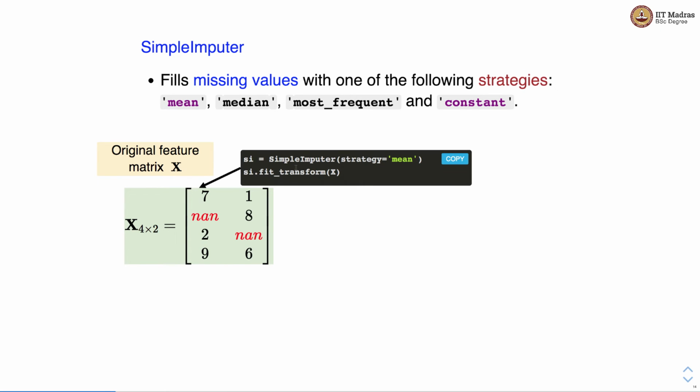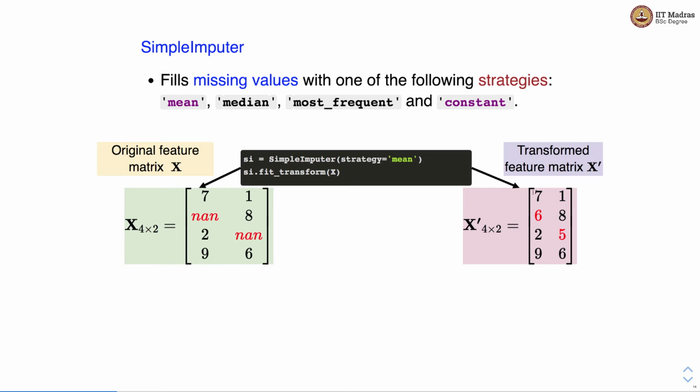Now we apply SimpleImputer on it with strategy mean, and this is how we instantiate the SimpleImputer object, by specifying the strategy for filling up the missing values. Then we simply call the fit_transform method on this particular feature matrix. You can see that X, which is our original feature matrix, is the argument to the fit_transform method.